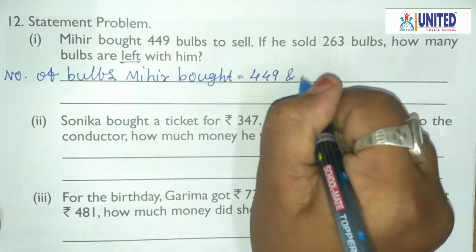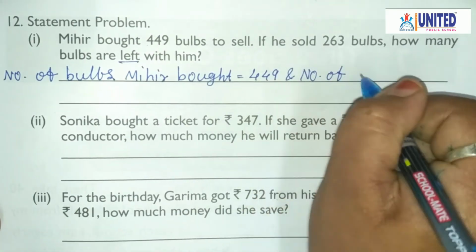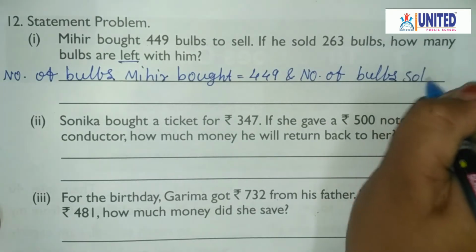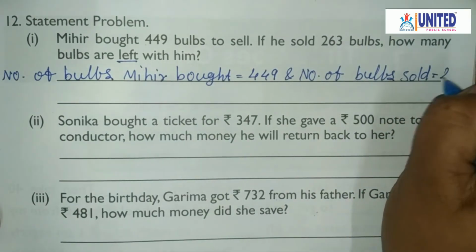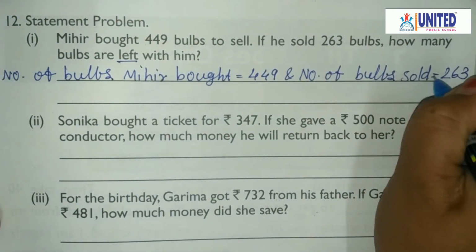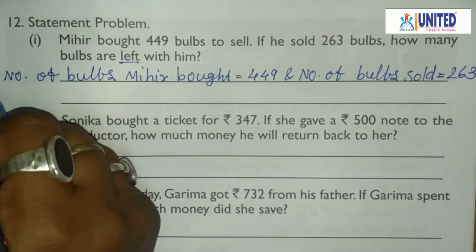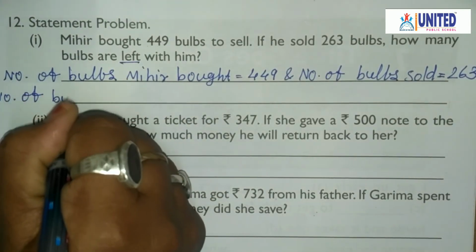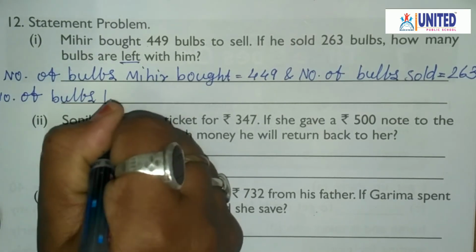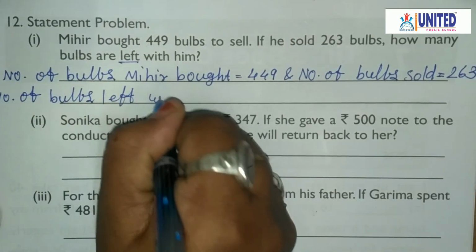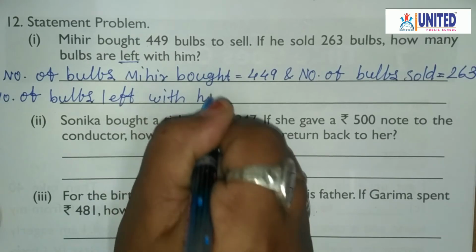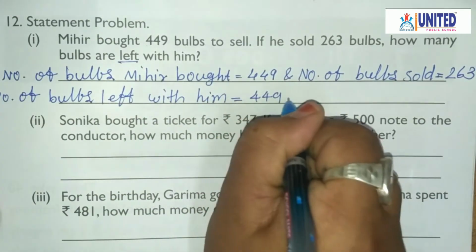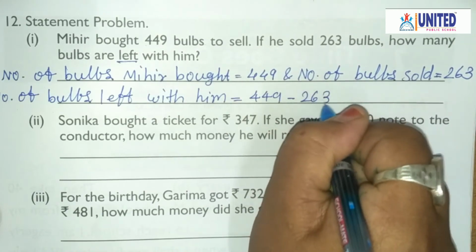And number of bulbs sold, that is equal to 263. Okay. So, number of bulbs left with him is equal to 449 minus 263.